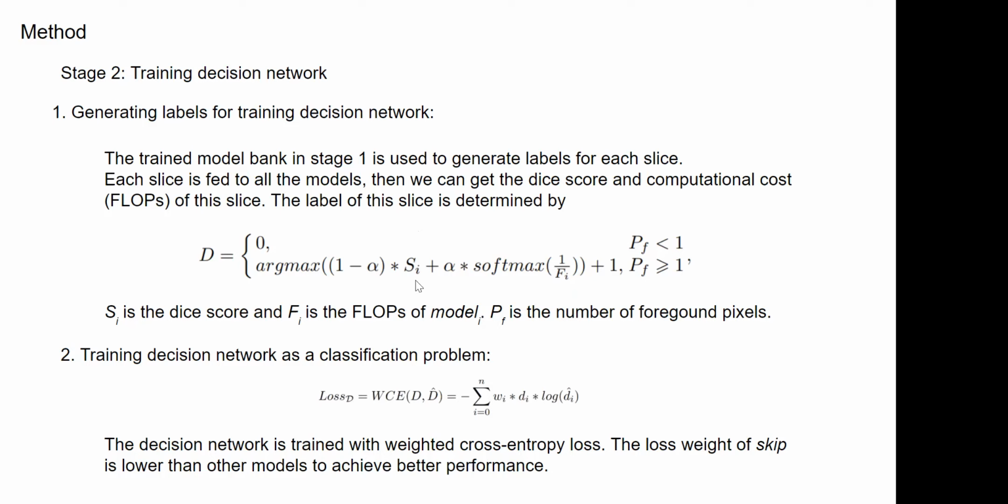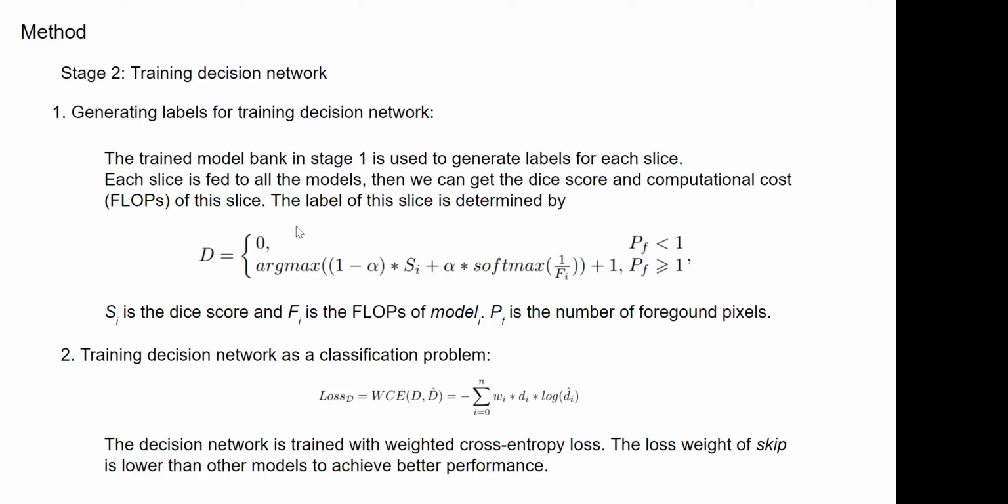We can follow this equation to determine the labels for each slice. Here PF is the number of pixels of the foreground objects. If it is pure background, that is, the number of foreground pixels is 0, then we just assign the label 0, which is a skip operation.